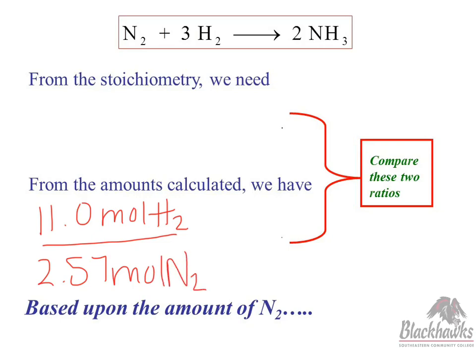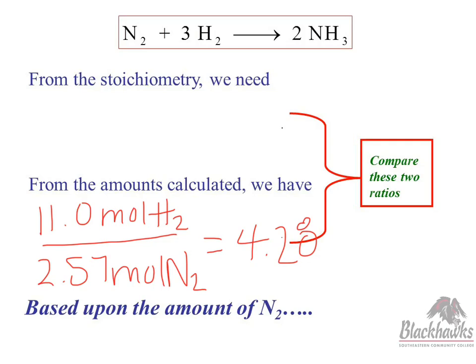I could go 1 over 3, but then I'd get the... Very good. You could just leave it 4.28, or you could say 4.28 moles of H2 per mole of N2. Either way.